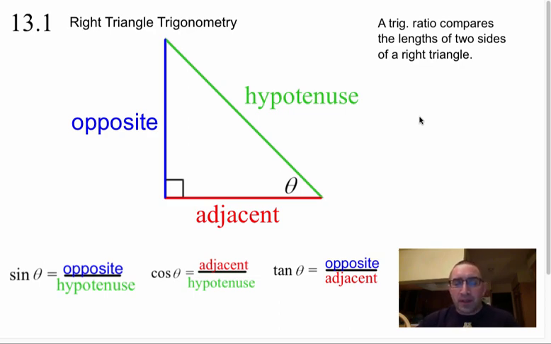Right triangle trigonometry is the study of the measurements in a right triangle. Today, specifically, we are going to look at 3 trig ratios.